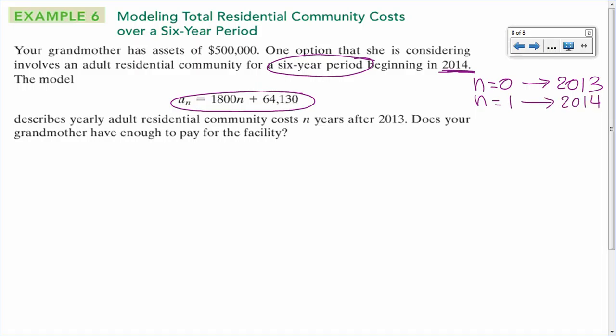It's just important to know those things. So does your grandmother have enough to pay for the facility? She has 500,000. So it's kind of like the problem that Cecily was asking us earlier. She wants to complete 6 years, right? Let's see if that will be enough.